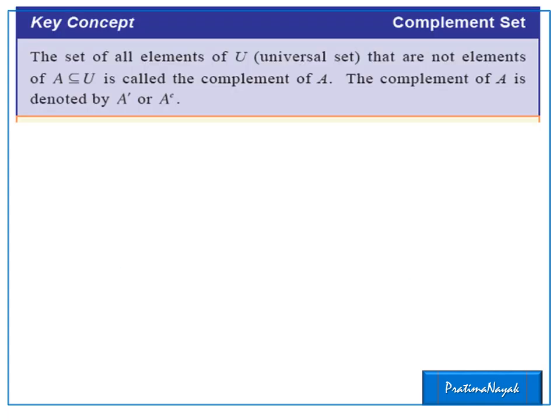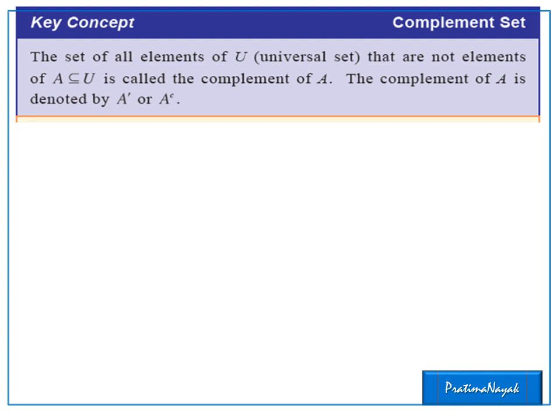First operation is complement of a set. It is a unary operation because it is carried on itself. The set of all elements of universal set that are not elements of A, when A is a subset of U, is called complement of set.